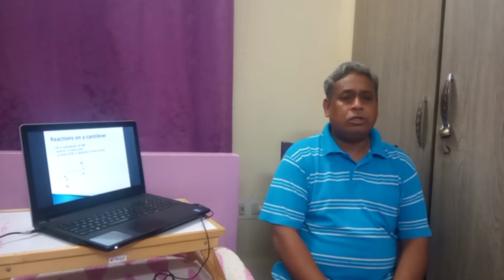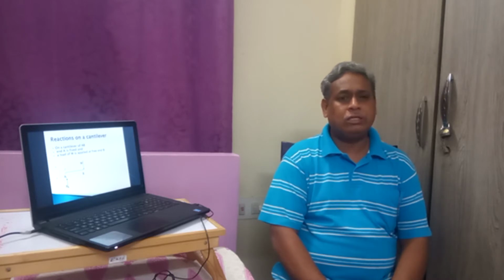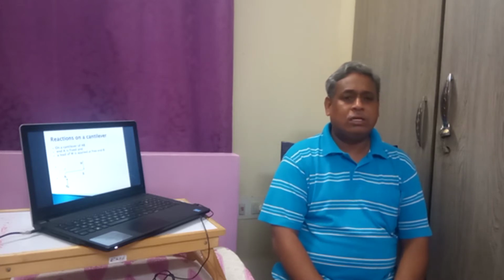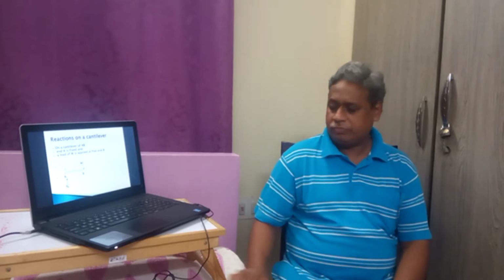Therefore, the vertical reaction Ra from downwards should be equal to the forces from upwards. So simply if we sum the forces coming from upwards, that will give the reaction. Or by taking sigma Fy is equal to 0 and also sigma M is equal to 0, we can find out the reactions and moments at the support.